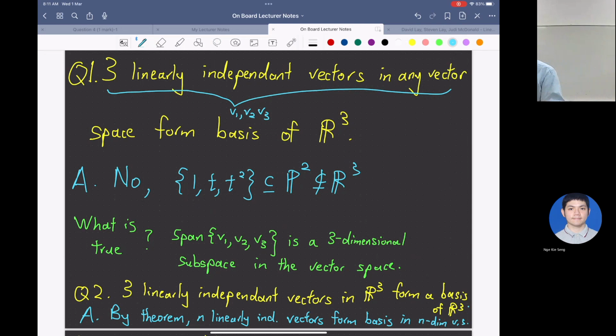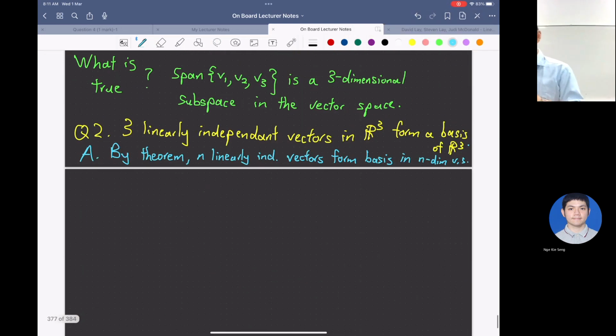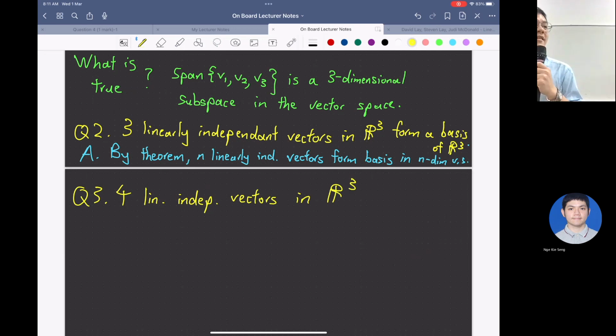Four vectors, no condition on the vectors. Linearly independent. Four linearly independent vectors in R3. Does it also form a basis?